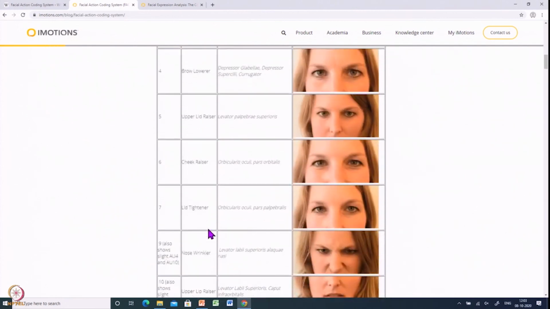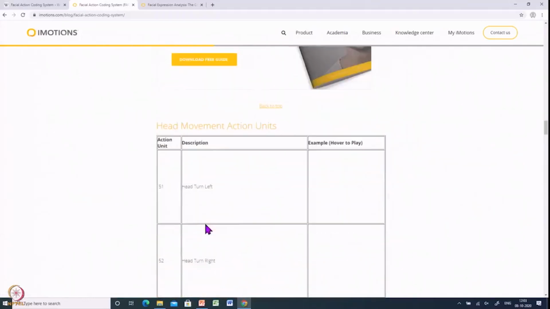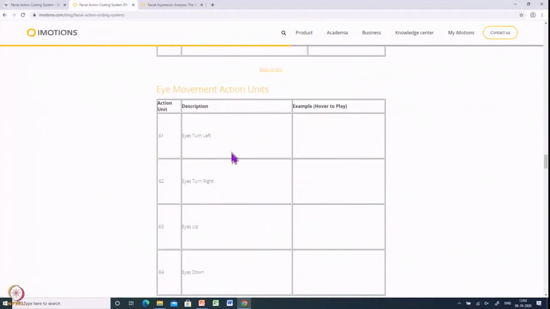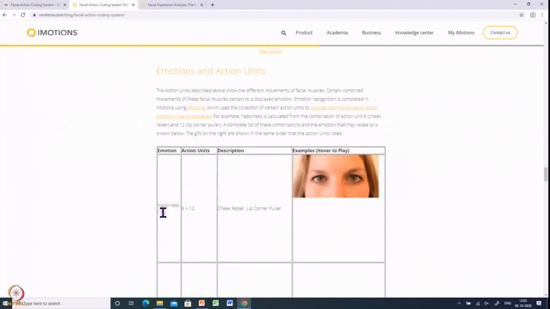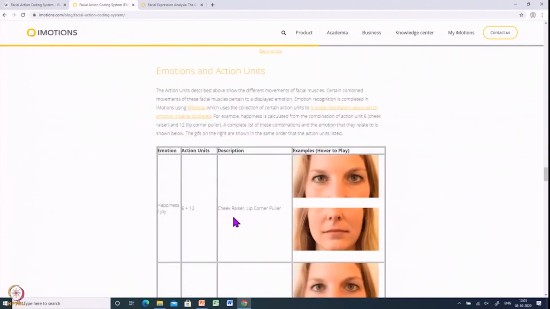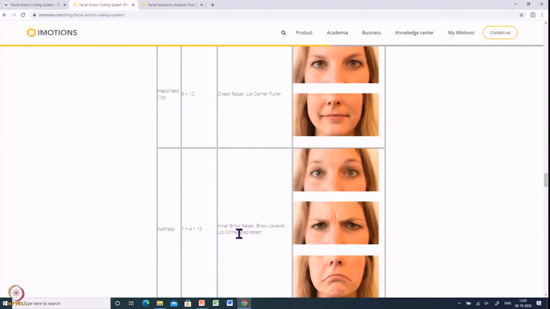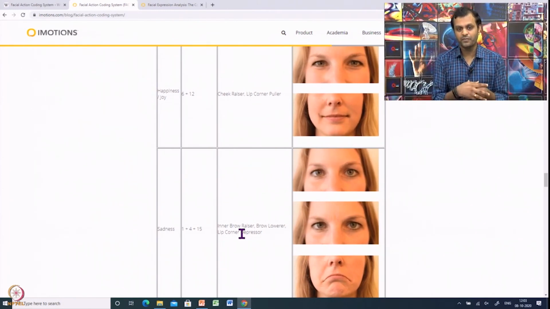Once you have been trained on these codings, you can say happiness or joy is 6 plus 12, that is cheek raiser plus lip corner puller. If you have both, then it is a kind of happiness. Sadness is a different combination. So, you can combine these action units and that can produce emotions. The first step is identifying the action units and getting yourself trained.